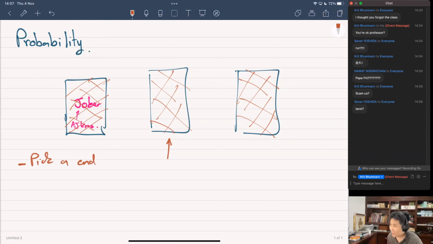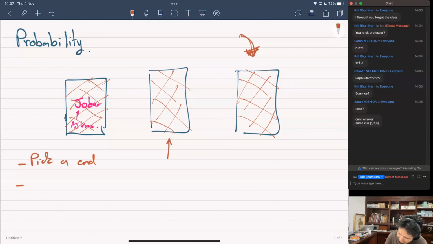Hope that there is a joker behind. And then what I'm gonna do, because I'm guaranteed to have at least one card that is non-joker. If you pick a joker, then I have 2 non-jokers.